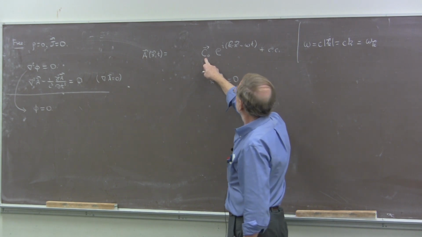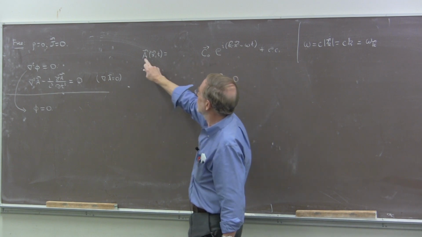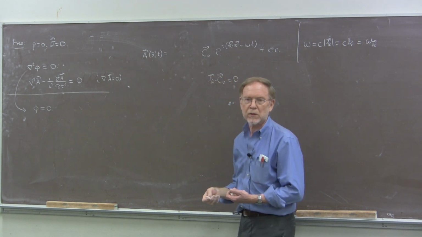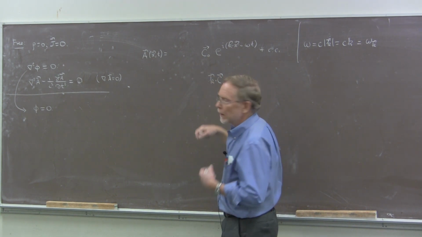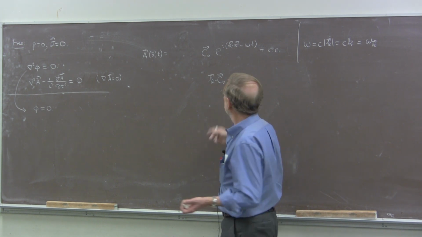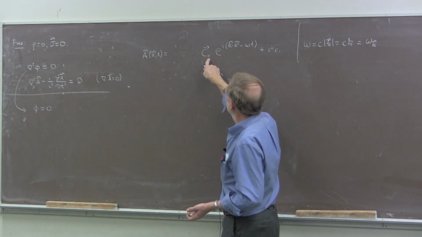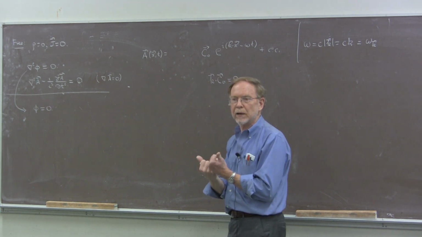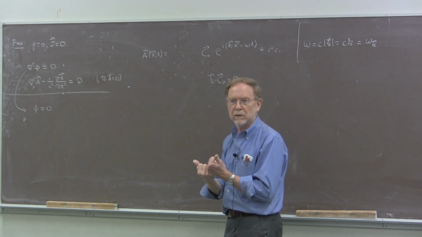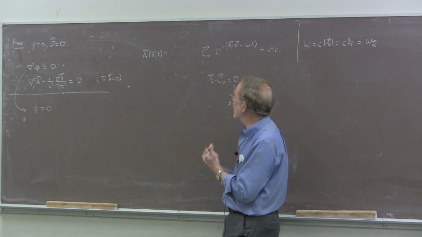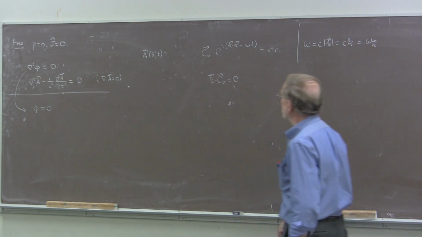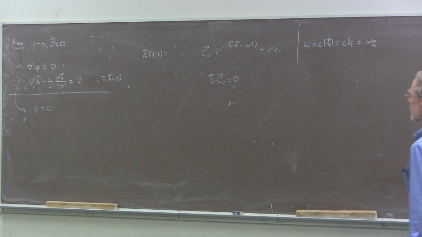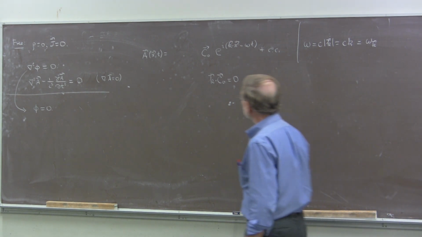For example, if you want the x and y components of the vector potential to have different phases, say pi over 2 out of phase, then the complex numbers in the x component and the y component should be out of phase, in the sense of complex numbers, by an angle of pi over 2. That's necessary. You need the complex numbers in order to get a complete set of solutions, even though A is real.